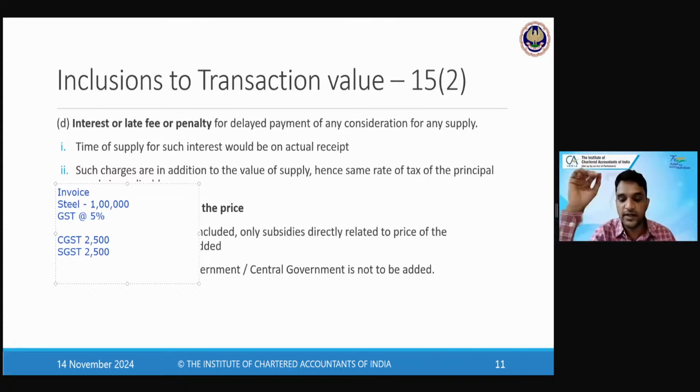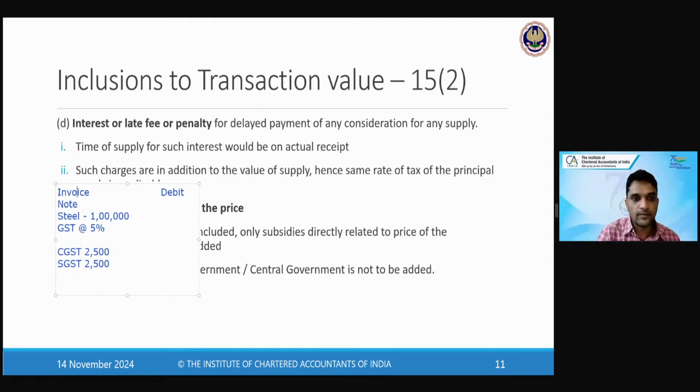Payment by the receiver is made later on. There it will not be possible for me. Correct? So I cannot raise a revised invoice or something. So what I will do, I will raise a debit note. So debit note for 5,000 rupees I have to raise.